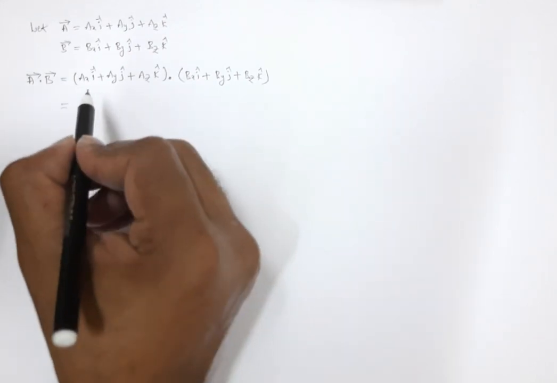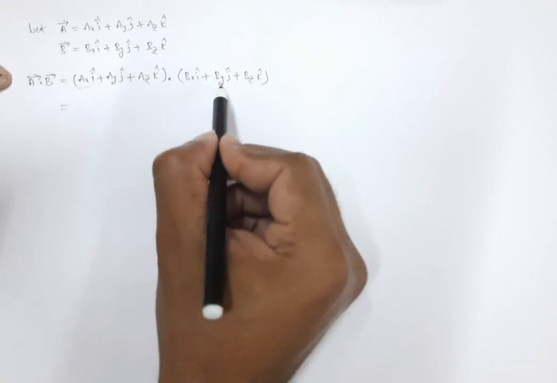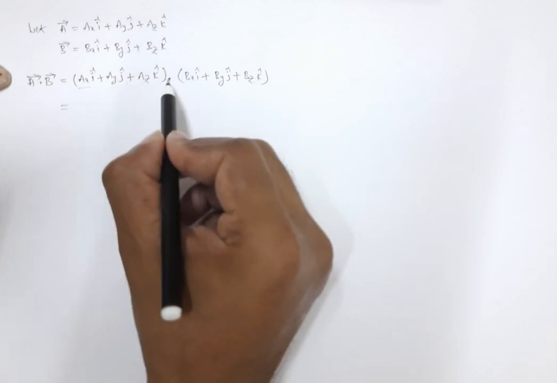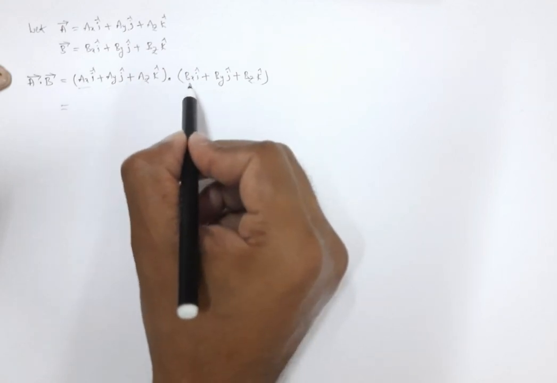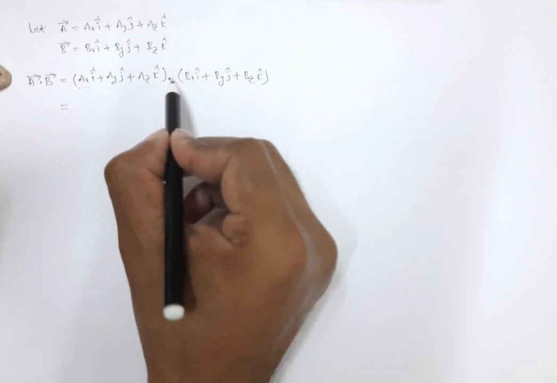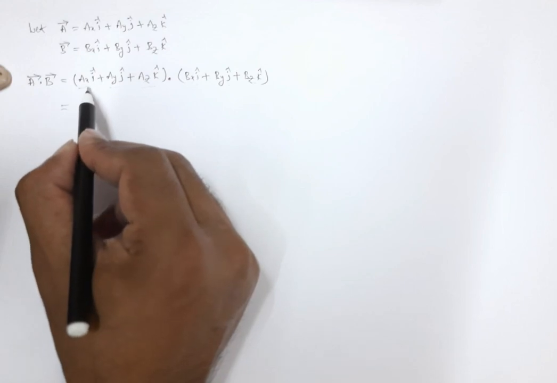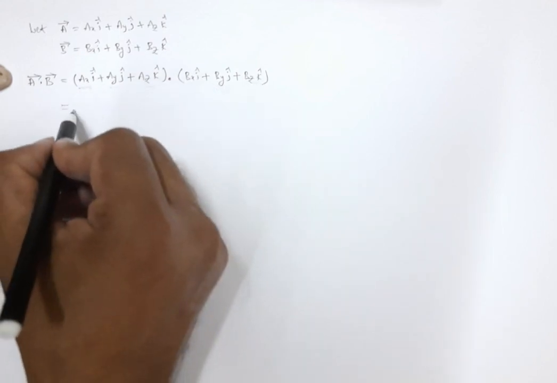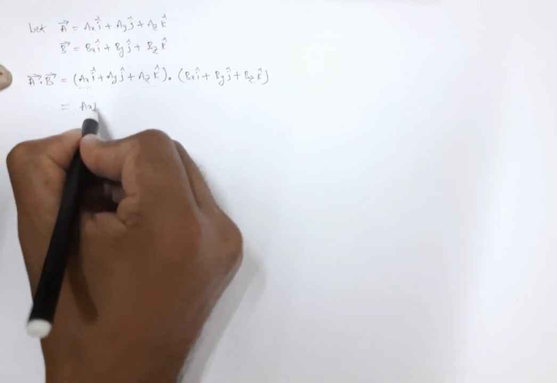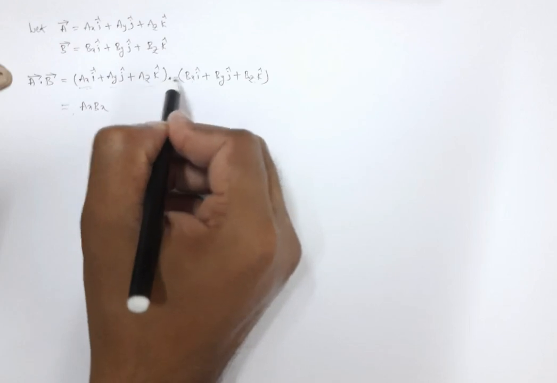That means we take the first term and take its dot product with the three terms here, then we take the second term and take its dot product with the three terms, and next we take the third term and take its dot product with the three terms. So first let us take ax into these three values. Ax bx into i cap dot i cap.